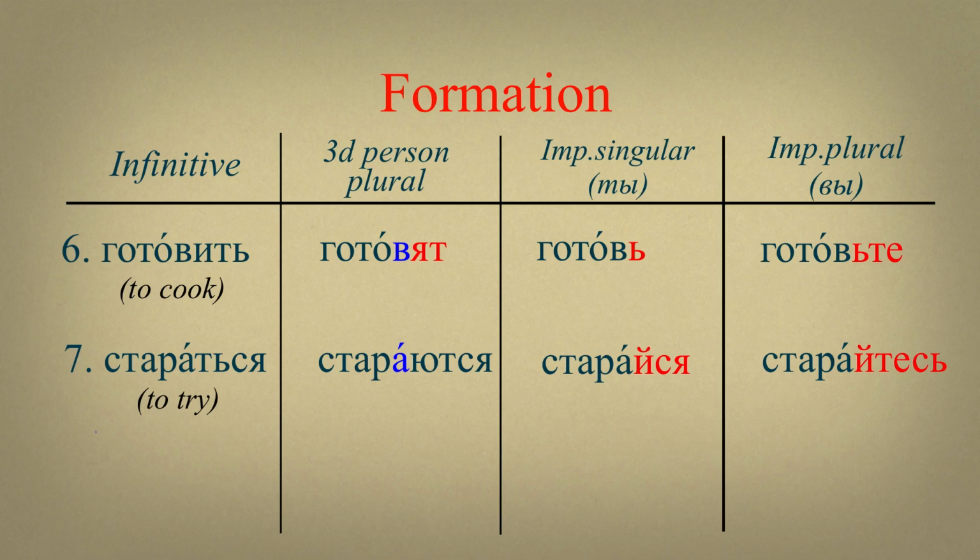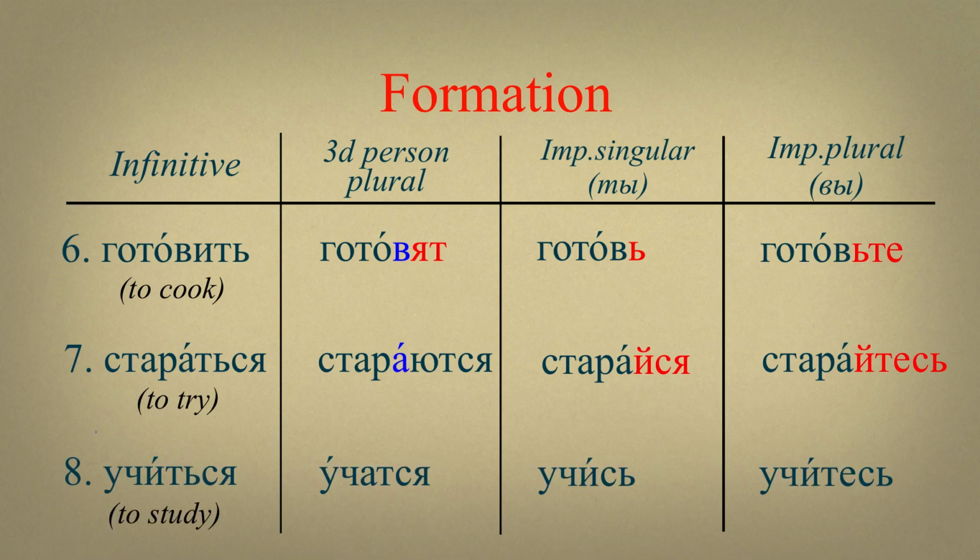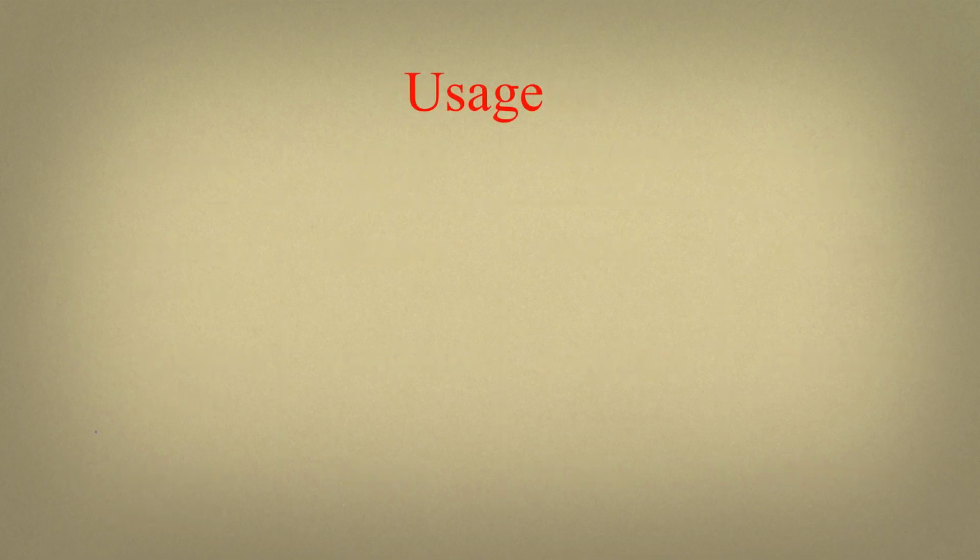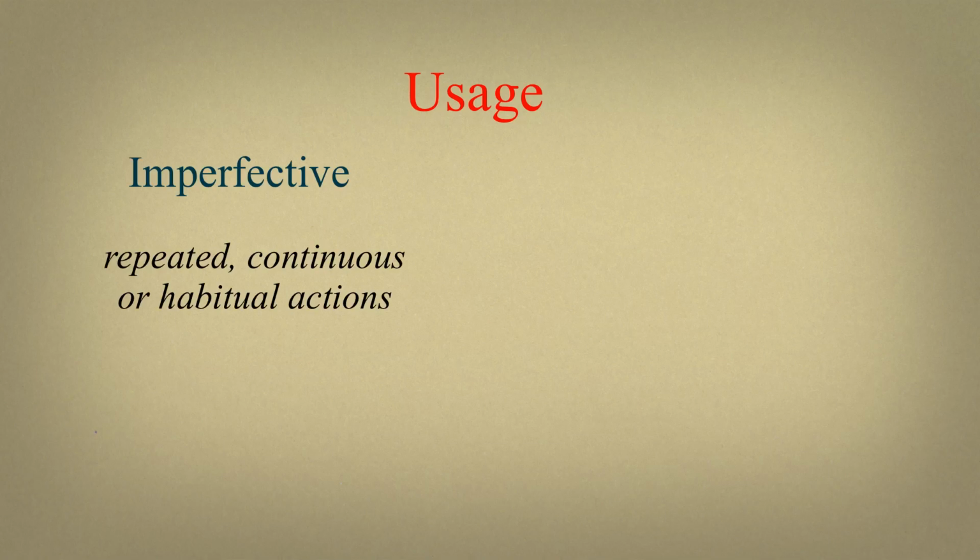Старайся in informal form and старайтесь in formal form. If a reflexive verb's stem ends in a consonant, as an example, учиться, add ись and итесь. Учись, учитесь.